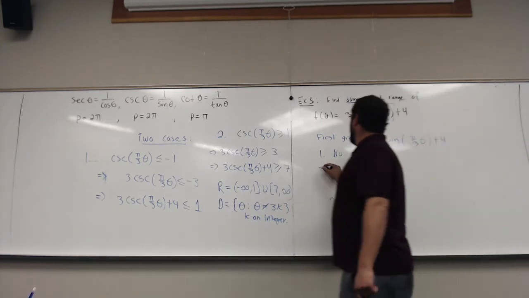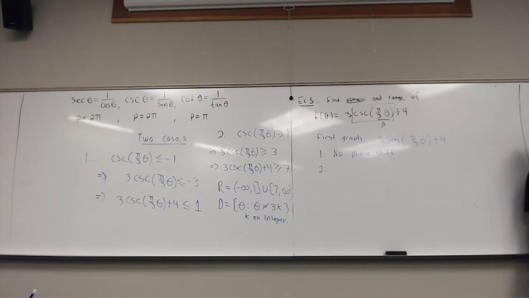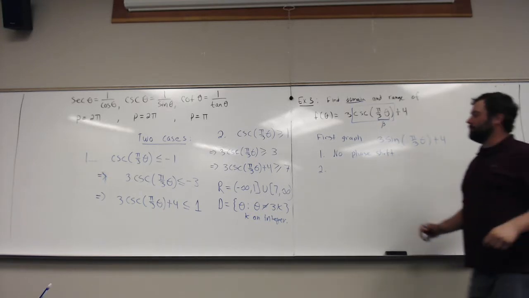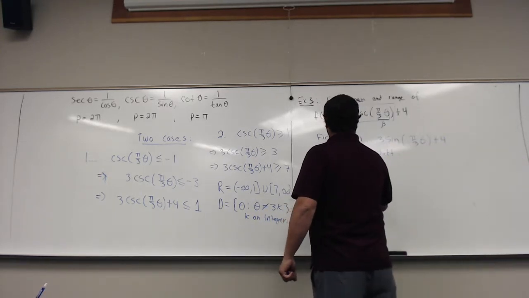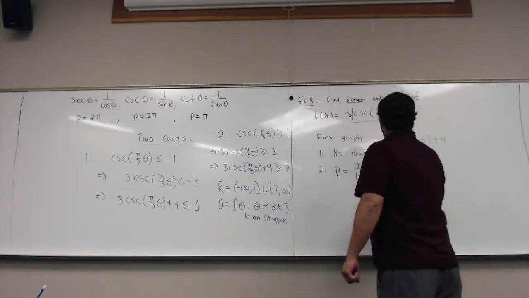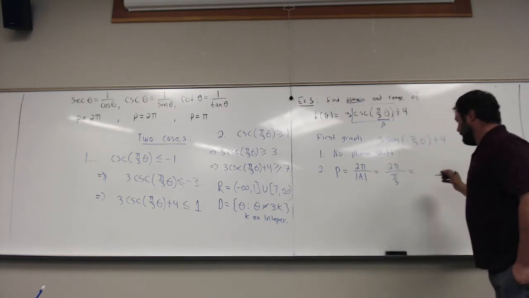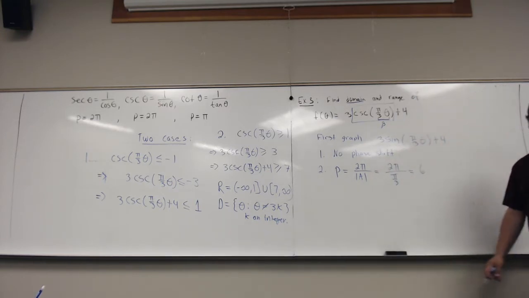Okay, and then 2, I can always find the what? Yeah, you don't have to do these in the order I'm doing them, but I always went phase shift first. Then you find the period. It's always 2 pi over the absolute value of A. That's 2 pi divided by pi thirds, which is going to give you positive 6.